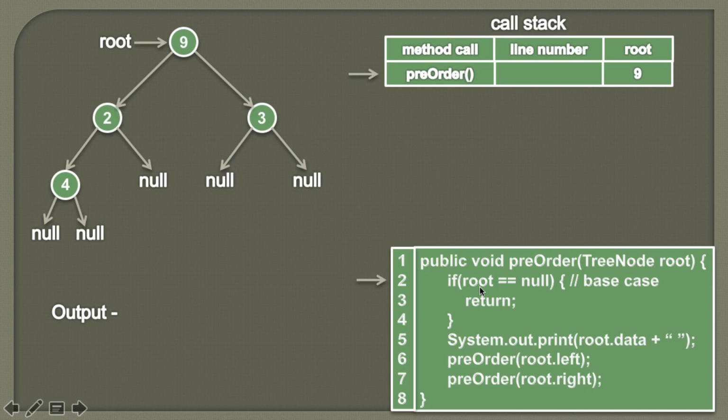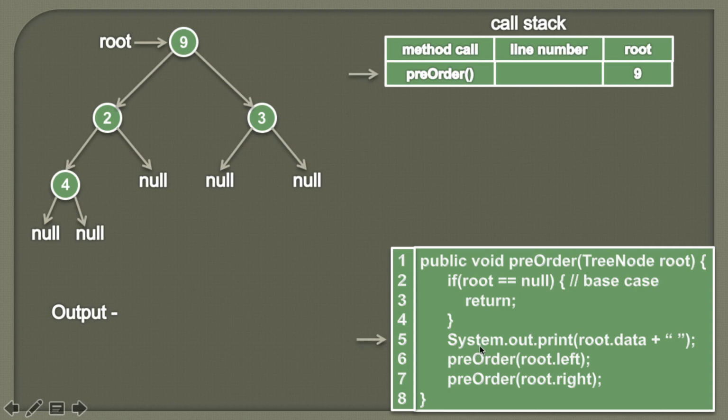So friends, we provide this condition because this is considered our base case, and as we are calling this pre-order method recursively, we need a point to exit this recursion, that when root is equal to null, then we simply return from that method. So currently you can see root is pointing to 9 here, so it's not equal to null. So the condition in the if block comes out to be false.